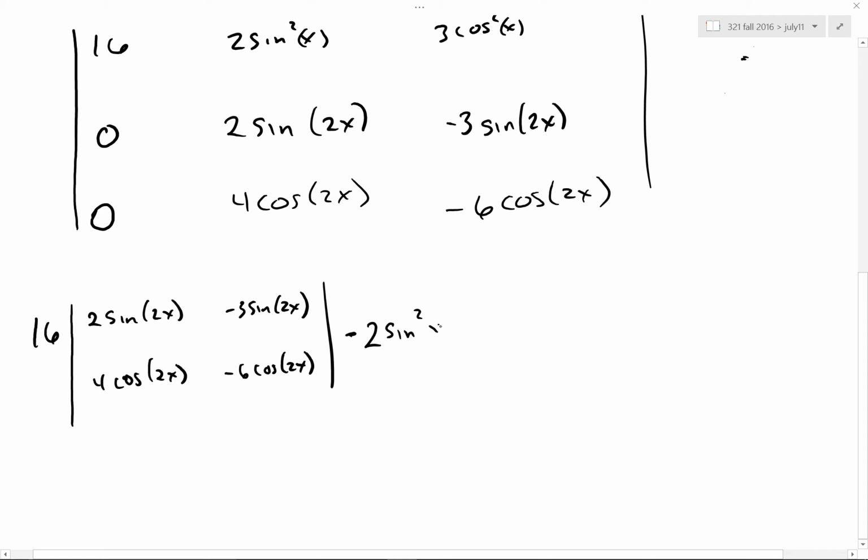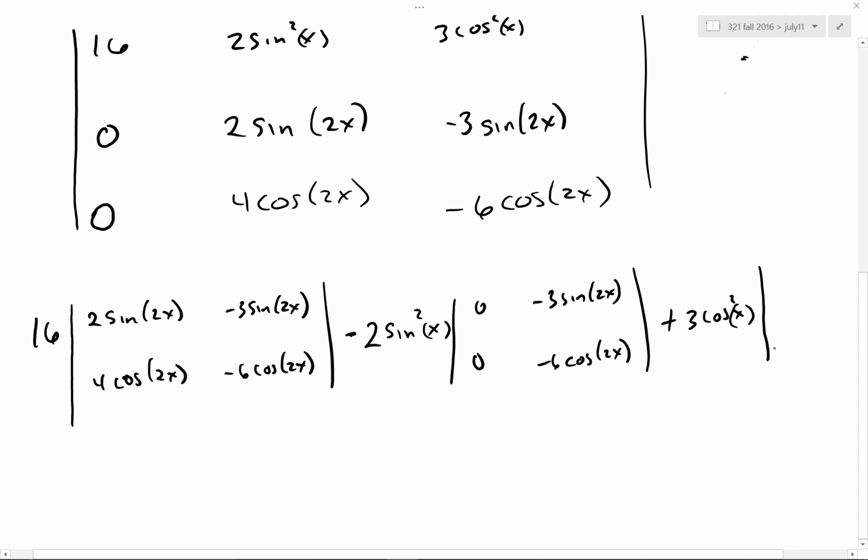That'll be really easy too. 0, 0. And then plus 3 cosine squared x. And then if you cross out his row and his column, you get 0, 0, 2 sine 2x, and 4 cosine 2x.